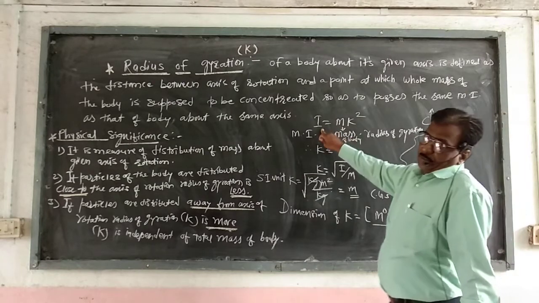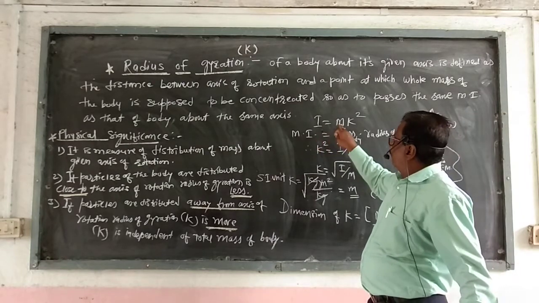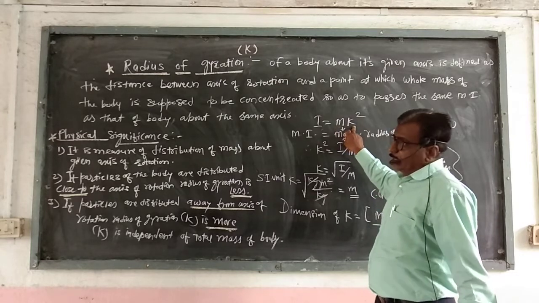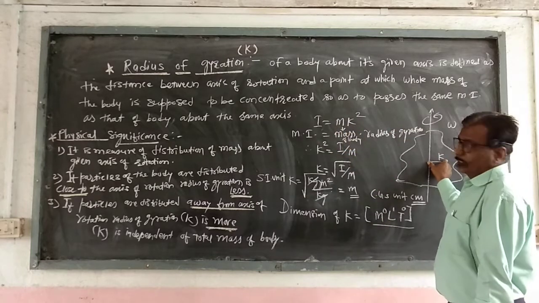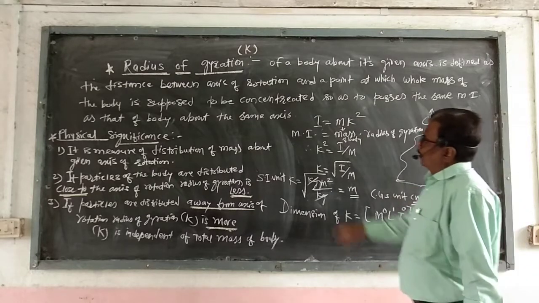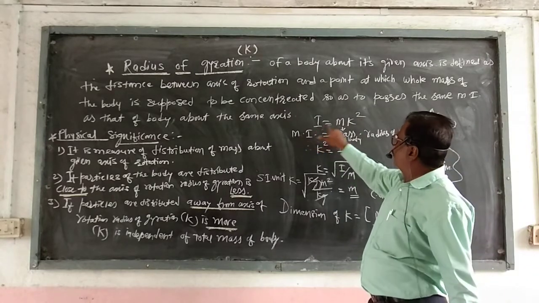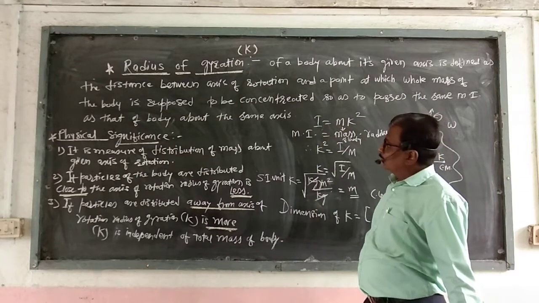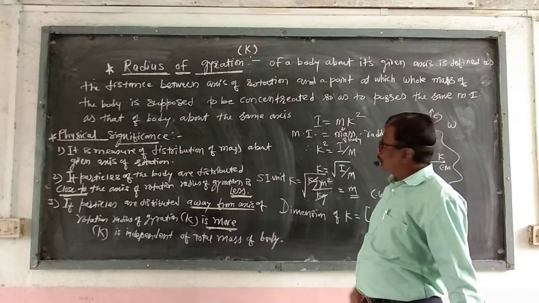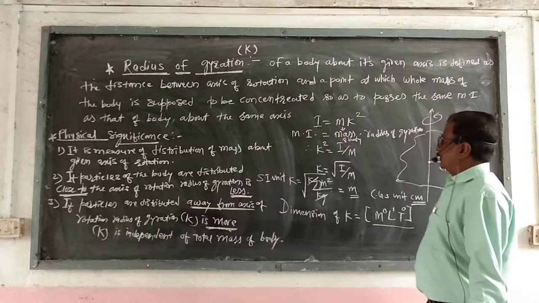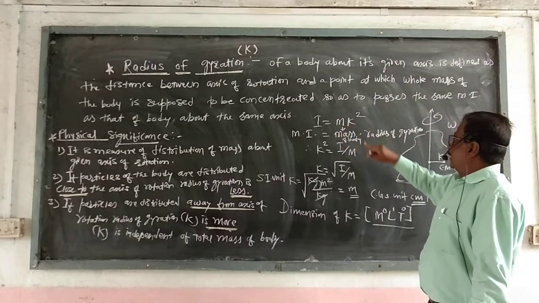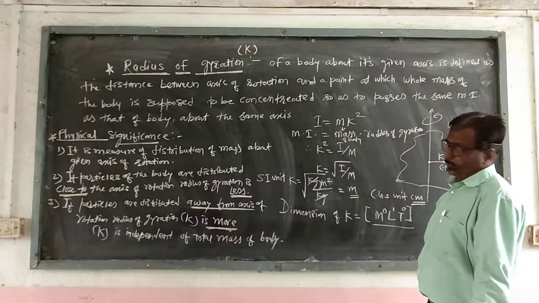Now moment of inertia is equal to mass into radius squared. Here the radius is represented by the letter K. So we get moment of inertia I equal to M K squared, where capital I is the moment of inertia, capital M is the mass of the body, and K squared is the square of the radius of gyration.